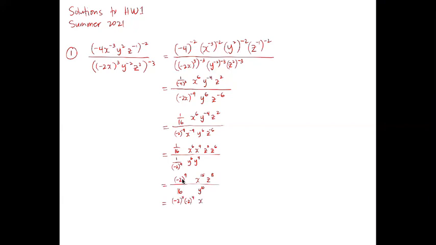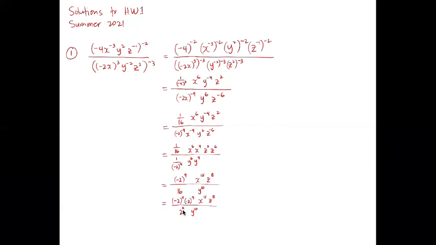You have here x raised to 15, z raised to 8, while on the denominator, you have 16. Your 16 can be written as 2 to the power 4. That's why I chose this decomposition for negative 2 raised to 9. I wrote it as negative 2 raised to 5 times negative 2 raised to 4. Because 16, that's 2 to the power 4. And then you still have y raised to 10 in here.